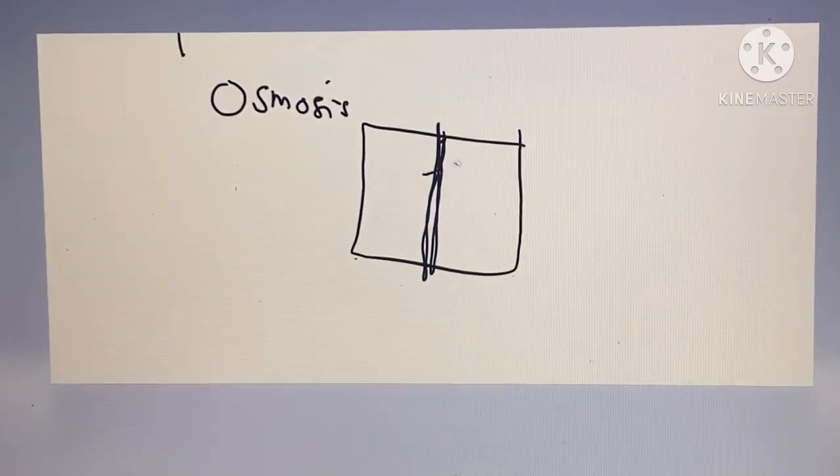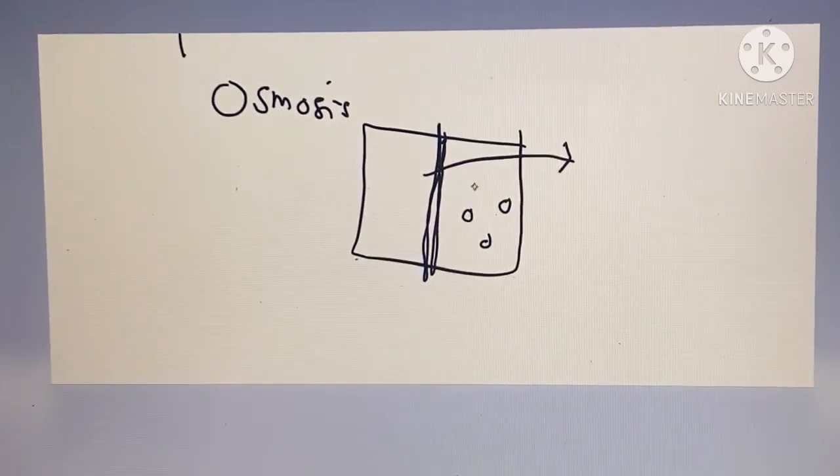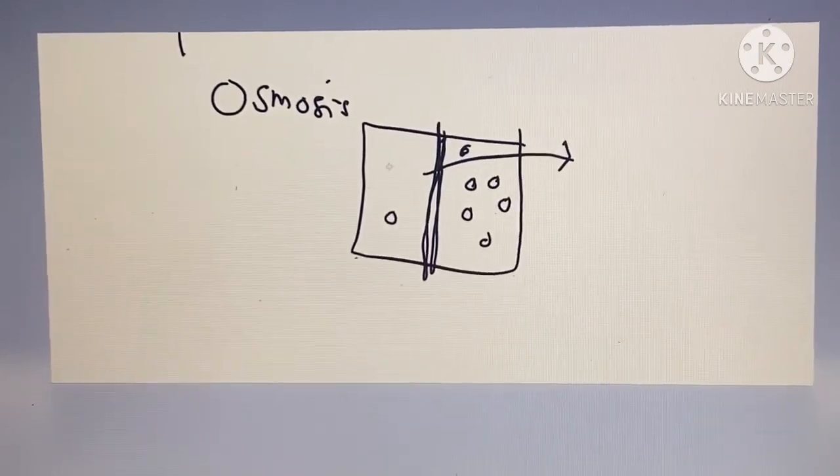Okay, and on one of the sides, for example, we put a few solutes inside one of the fluids, and the other fluid has no solute or a small volume of solute.